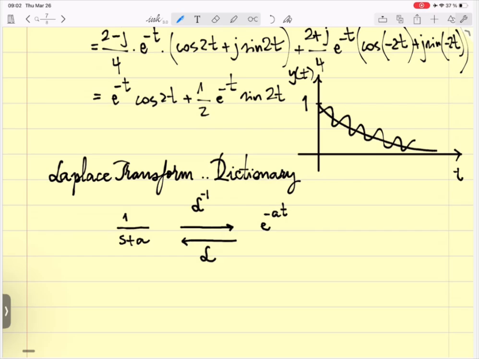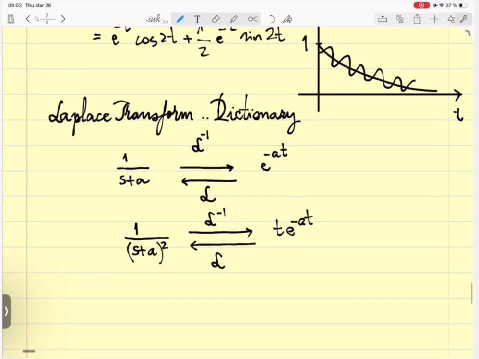Okay, so if we have 1 divided by (s plus a) squared, applying the inverse Laplace will yield t times e to the minus at. Applying the Laplace to t times e to the minus at will yield 1 divided by (s plus a) squared.